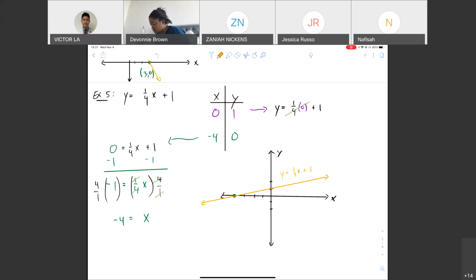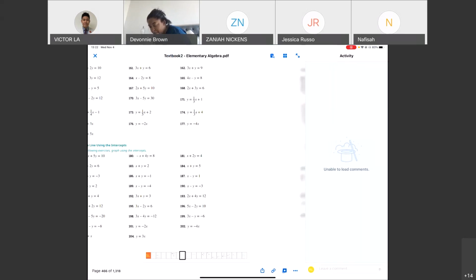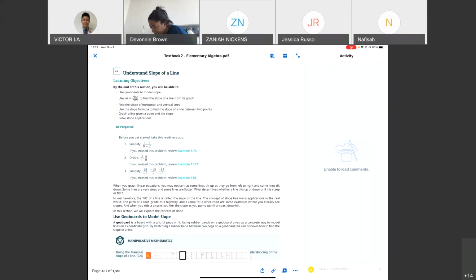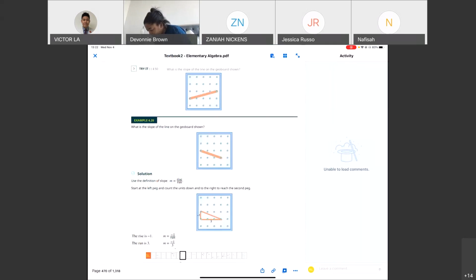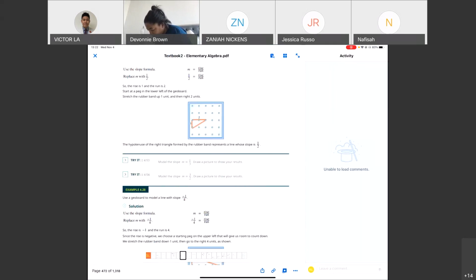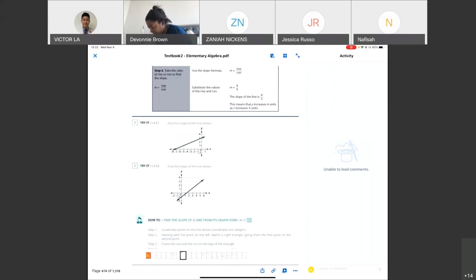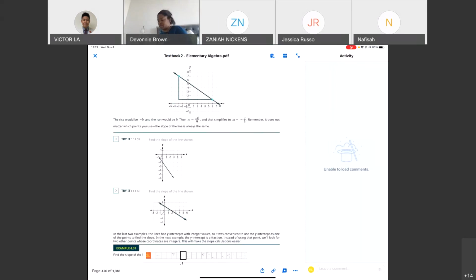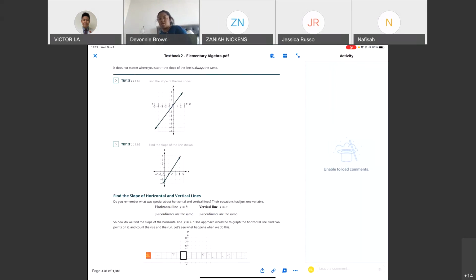All right. So this leads us to what will be our next section, which is understanding the slope of a line. They show you visuals of this, but do they introduce the equation immediately? I don't think so, actually.